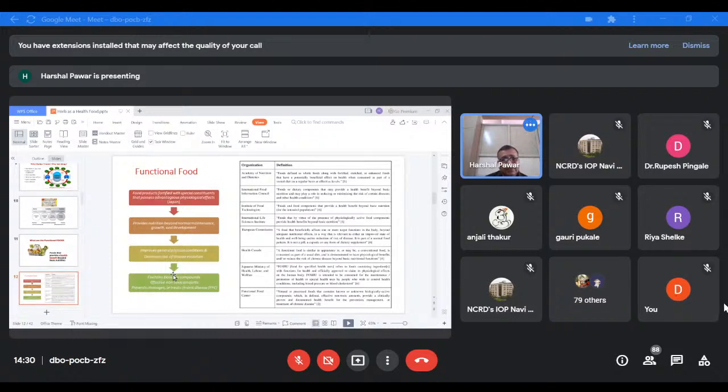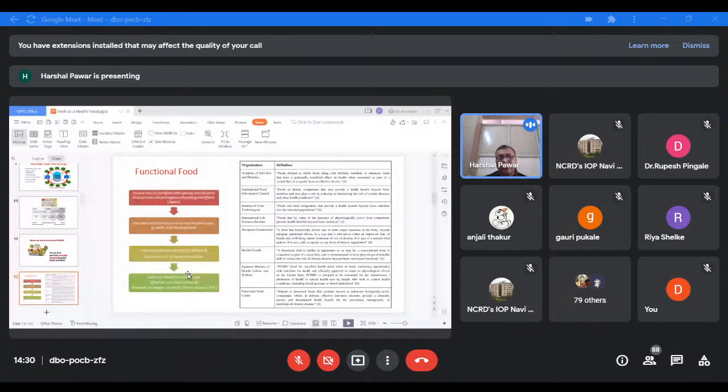Material, right? So which are effective and non-toxic, and you need to consume it in a non-toxic amount. As I said earlier, you need to take these food ingredients or food components in a particular dose, right?